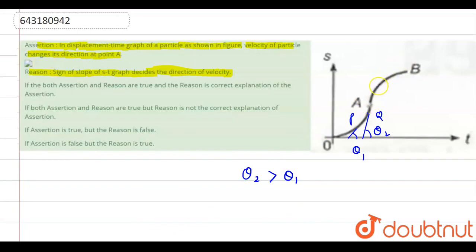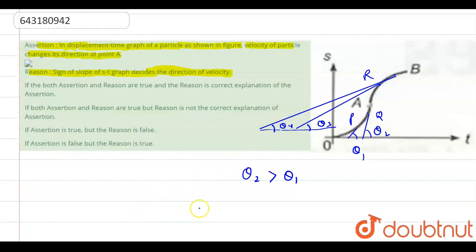Now let's take 2 other points on the graph, after A. Let's say this is R and this one is S. If we draw the slopes on them, this is the slope due to R, and this will be the slope due to S. Again, if we name them, this is theta 3 and this is theta 4.